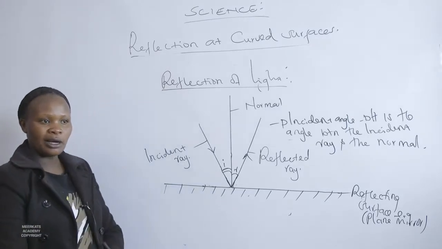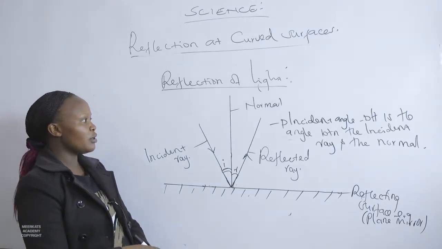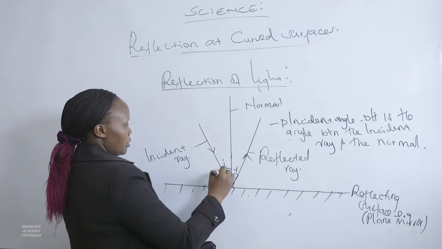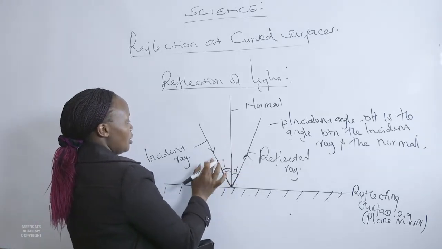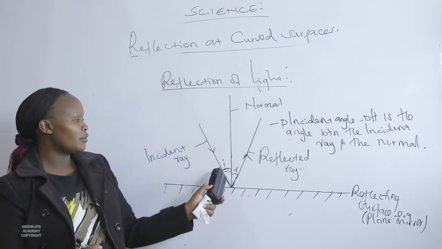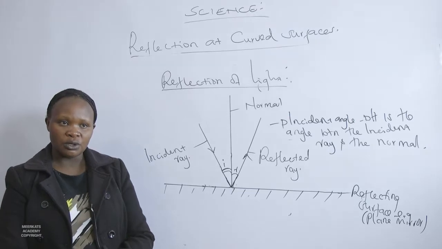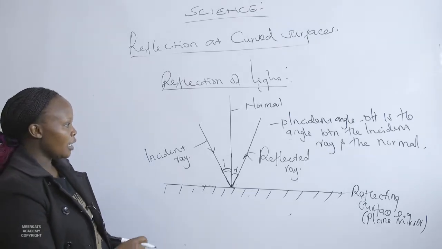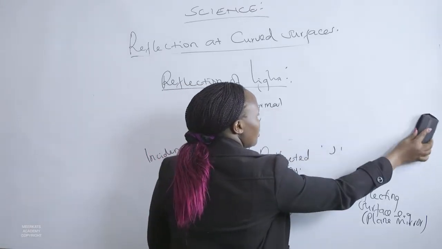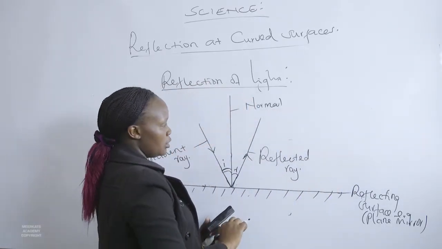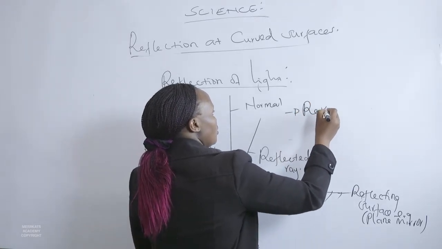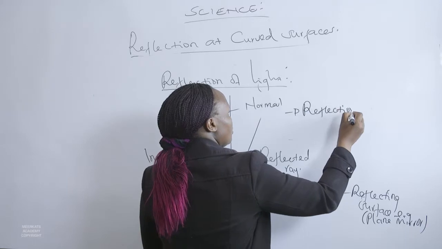It's that angle which is between the incident ray and the normal ray, this one here. We have our incident ray, we have our normal, then we have the angle between them, which we call the incident angle. Now, we also can talk about the reflected, or the angle of reflection.